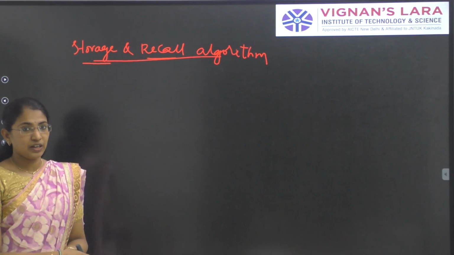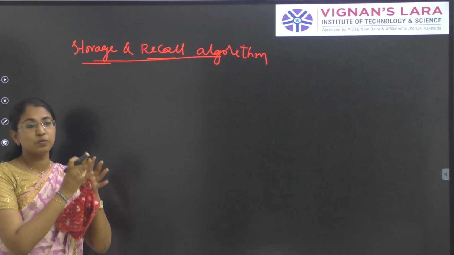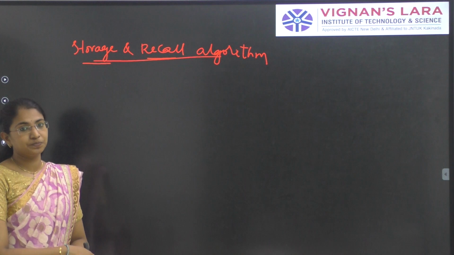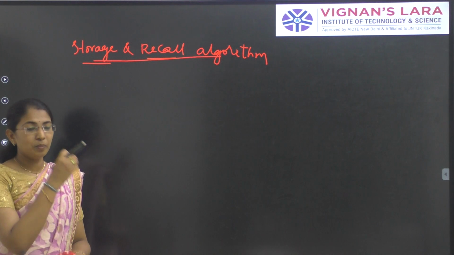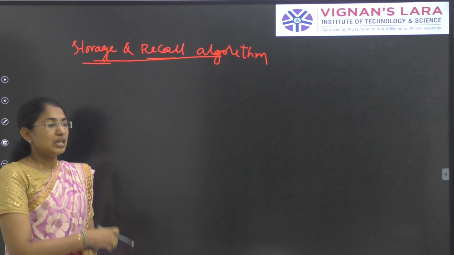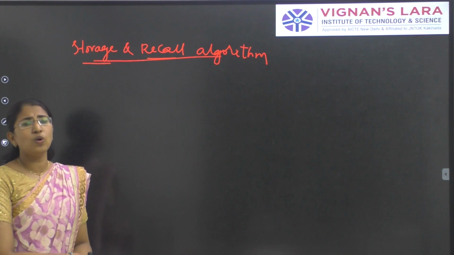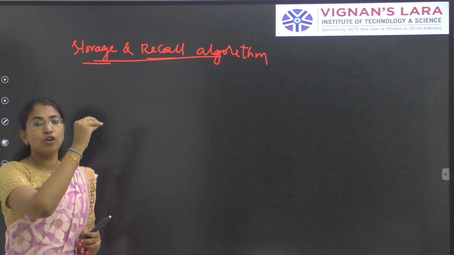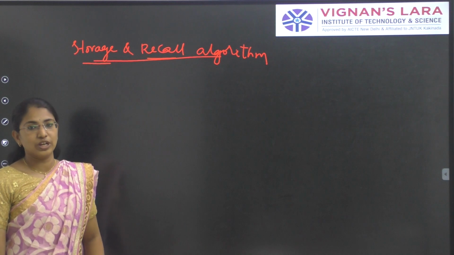Storing is nothing but if you want to place some information within some specified location, then that is storing. That can be done in computers, in the human brain, or in artificial neuron models. Suppose you are performing some task and you want to place the outcome of the task in some memory location, that is called storing.